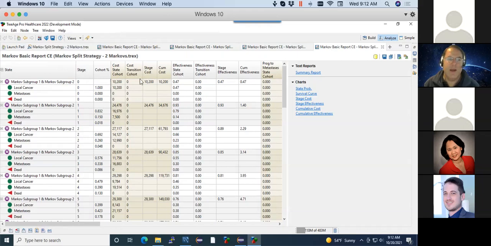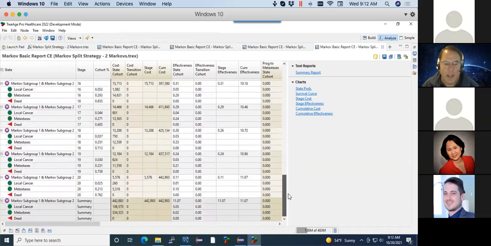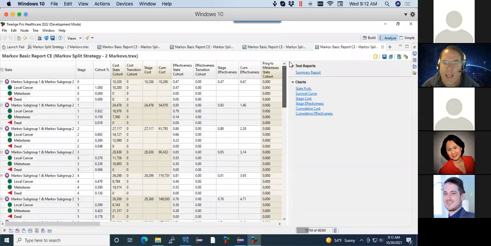And essentially you end up with a presentation of your data coming down to the total cost and qualities of the strategy as a whole that shows you the cohort trace, but it was a combination of the two separate, or three or four, however many you need, cohorts merging together to give you an overall presentation of what happens to your patients as they pass through this strategy.